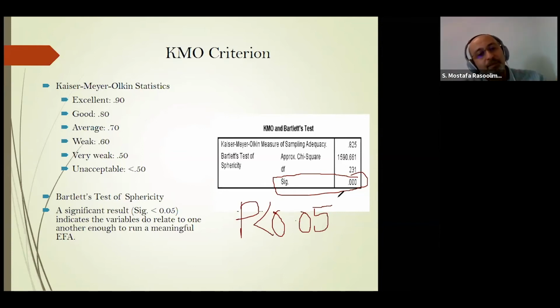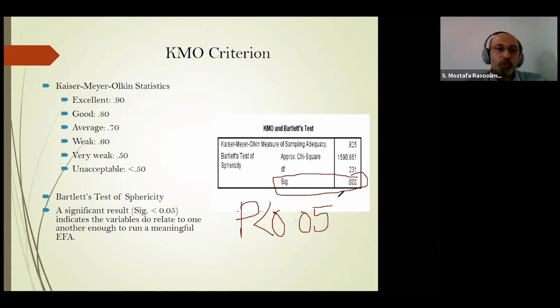So KMO is for the adequacy of data, and the Bartlett test is for checking the suitability of our data, the appropriateness of our items to run factor analysis. If it's significant, it means we can run factor analysis for these items.